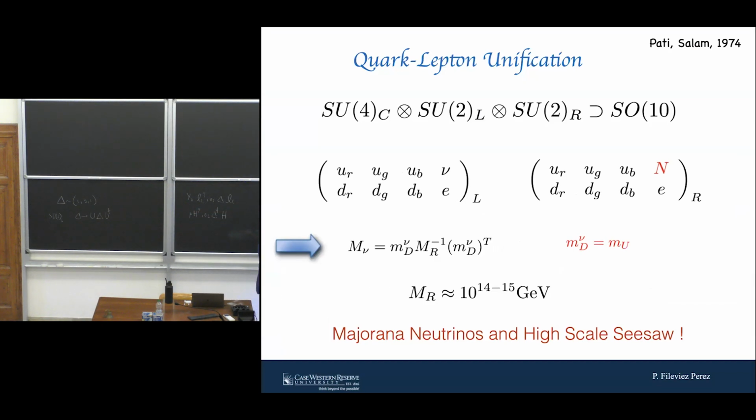Look at what you do. In the standard model, you have the different multiplets. You have a quark doublet that transforms like this. You have UR, which transforms like this. You have DR like this, and then you have the leptonic doublet that transforms like this, and the ER.